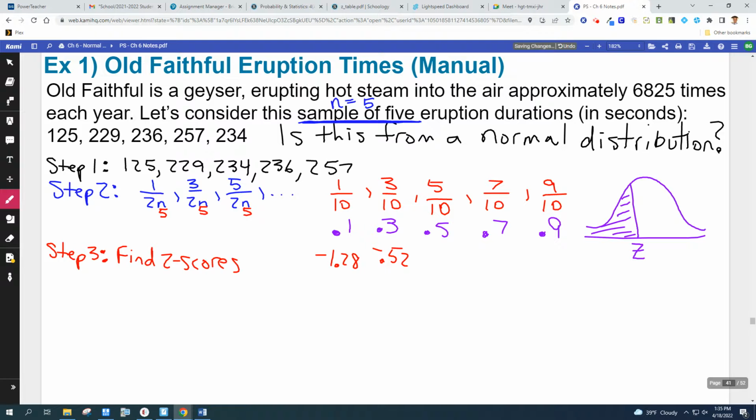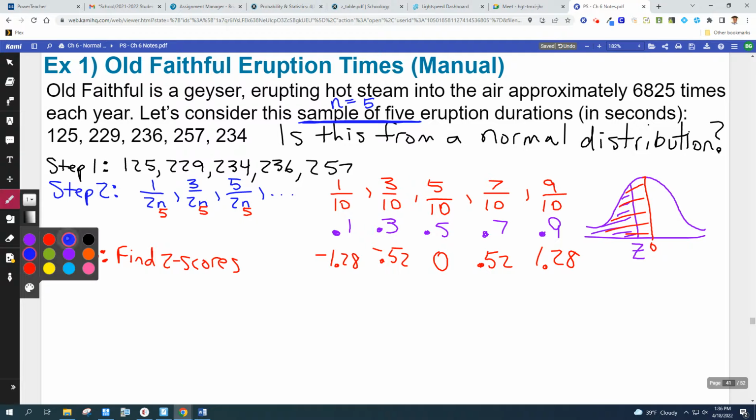Turns out that 0.5 area gives me a z-score of 0, and that should make sense, because 0 is the middle and 0.5 is 50% to the left. The normal curve is symmetrical, so 0.7 is going to be 0.52 and 0.9 is going to be 1.28. We use the table to find those z-scores.